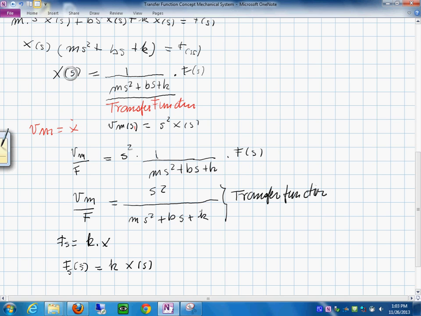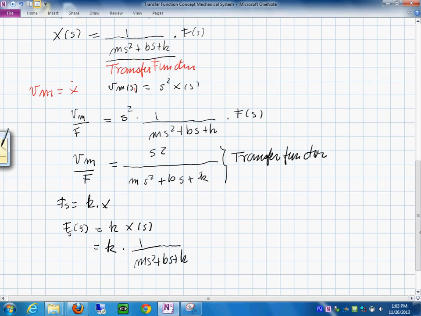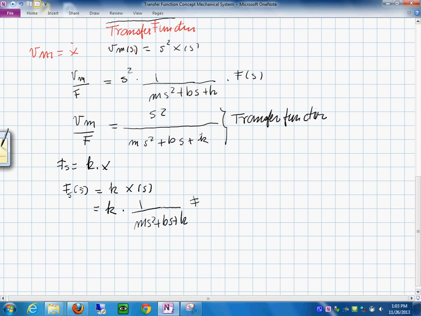And this x of s we do have, see? This x of s is 1 over ms squared plus bs plus k, times F of s. So in this case you have F of the spring of s divided by F of s.